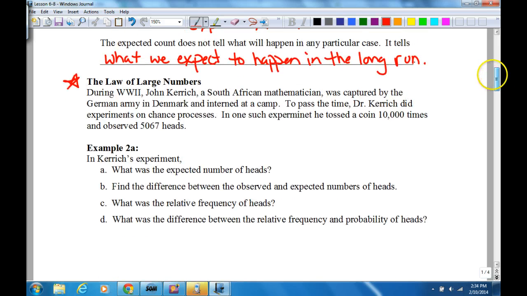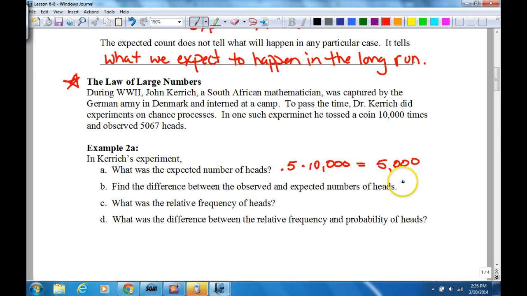Okay, in his experiment, what is the expected number of heads? Yes, because that's 0.5 times 10,000, right? So 5,000. Find the difference between the observed and expected number of heads.